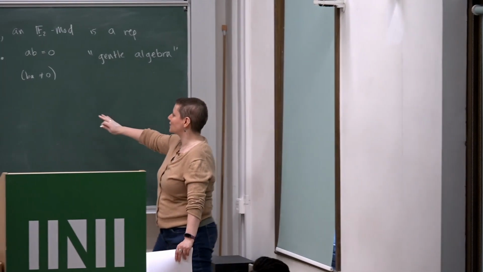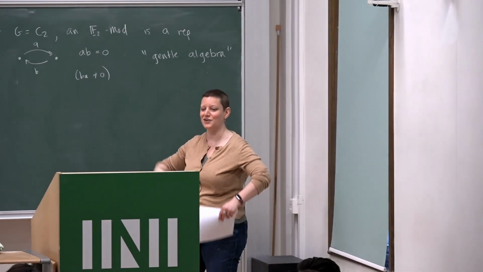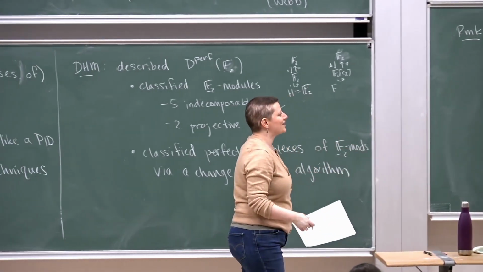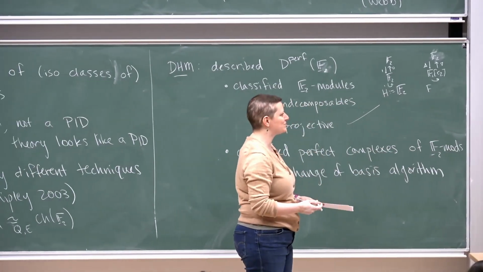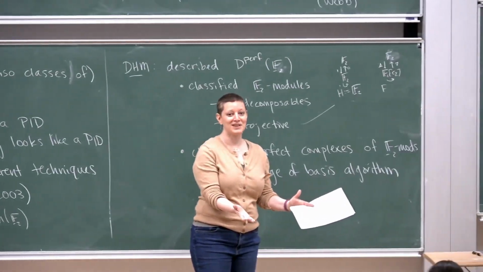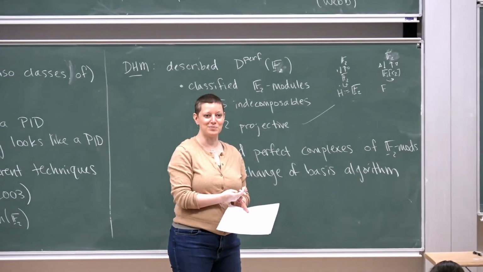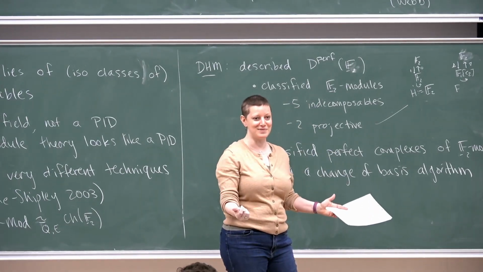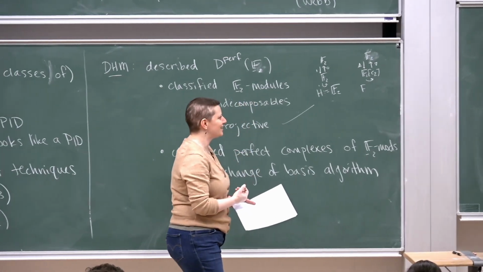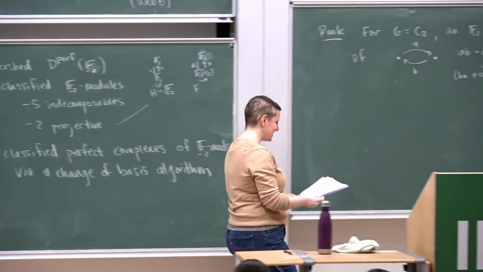I think Sandra Kwama helped me write this down and told me that it was a gentle algebra, and I go and look at the literature and, oh, okay, those are known to be derived tame. And so I gave this seminar that we called PETA, Problems I Think About, and I said, I have this other quiver for this FP case. If you can tell me how to classify all the perfect complexes, then we've got a theorem. We can classify compact FP underline modules. And a week later, Jakob told me, no, you can't. You really can't. It's wild.